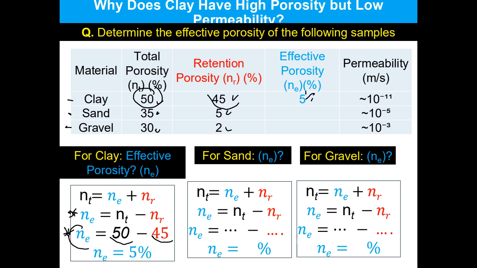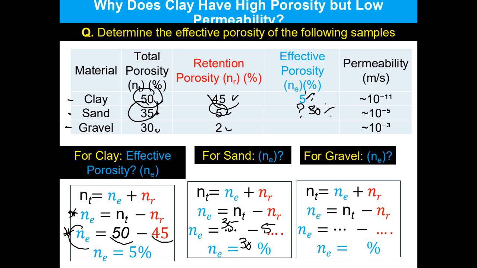We have Ne, which is what we're looking for, equals total porosity, 35%, minus retention porosity, which is 5. 35 minus 5 would be 30%. And that's 30% right here.